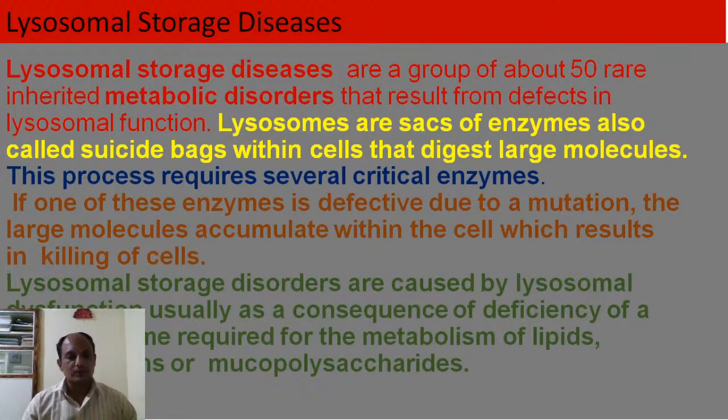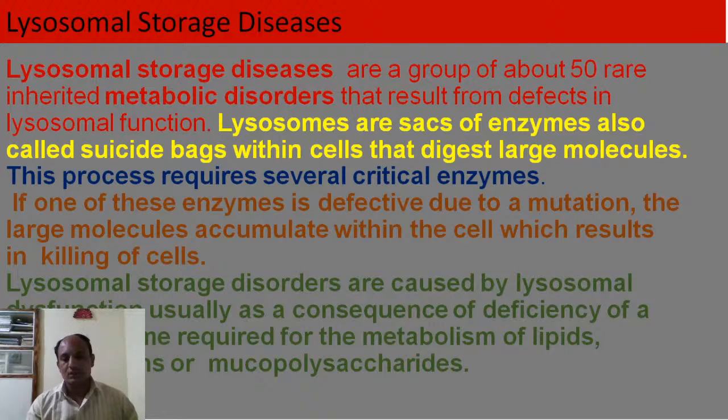If there is no digestion, such larger molecules get accumulated within the cell, and that results in the killing of that particular cell. So it is very important that the lysosomes and their enzymes function normally.